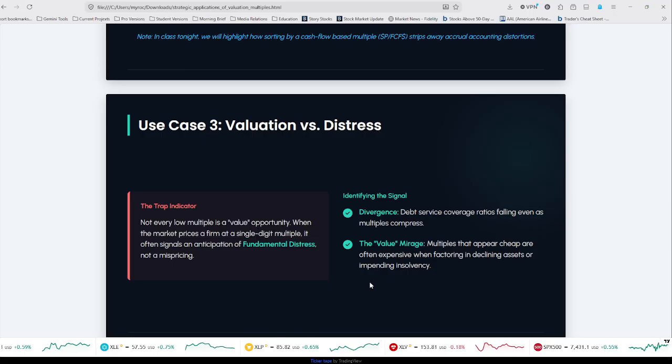So more and more of the money you're making is going back into the business, but the market doesn't see that yet. All they see is the stock plummeting, right?